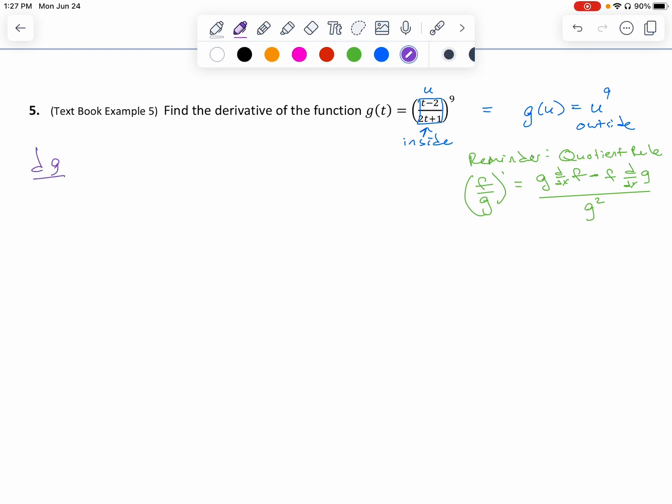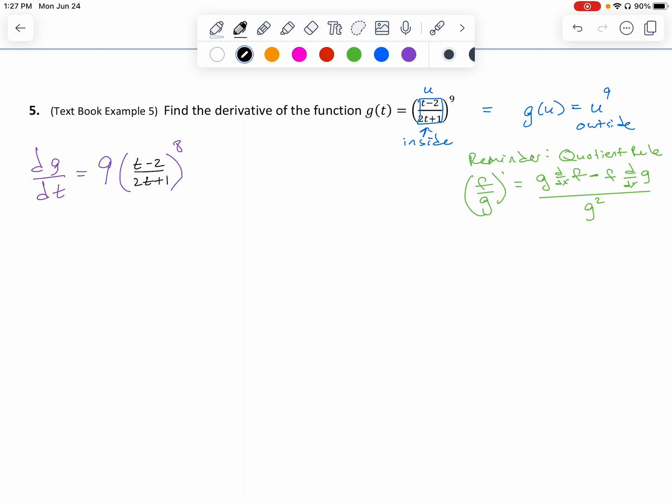Okay, so our first step is dg in terms of t. So first thing, I'm going to use that general power rule, treating that inside function as just a dummy variable. So I'll bring the 9 out in front of whatever it was on and make the exponent 8. And the thing that goes inside is untouched, so I just copy it down.